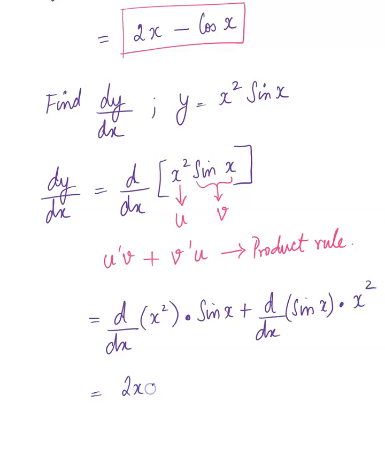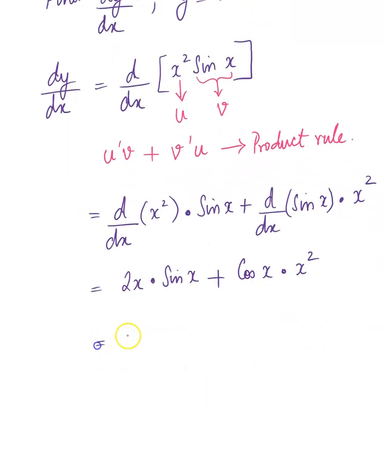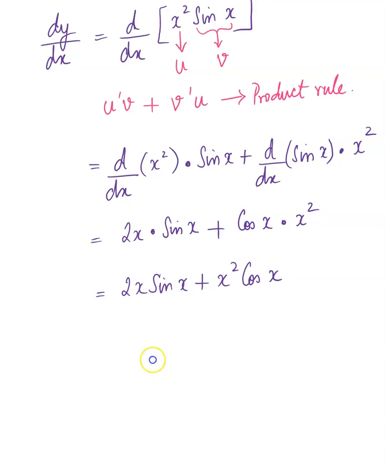That's going to be 2x times sine x plus the derivative of sine x, which is cosine x, times x squared. Let's come down here and clean them up. So it's 2x sine x plus x squared cosine x. We always like to put the variable in the front and then the trig function. And that's the answer for that.